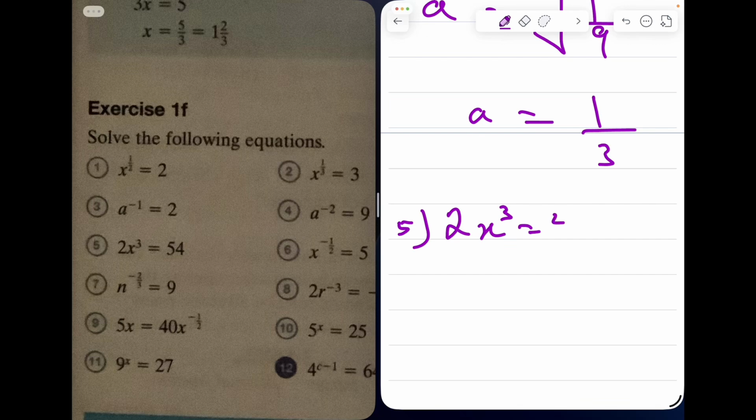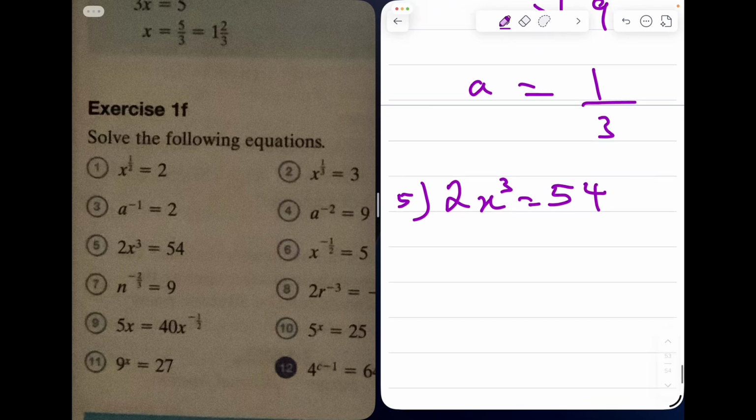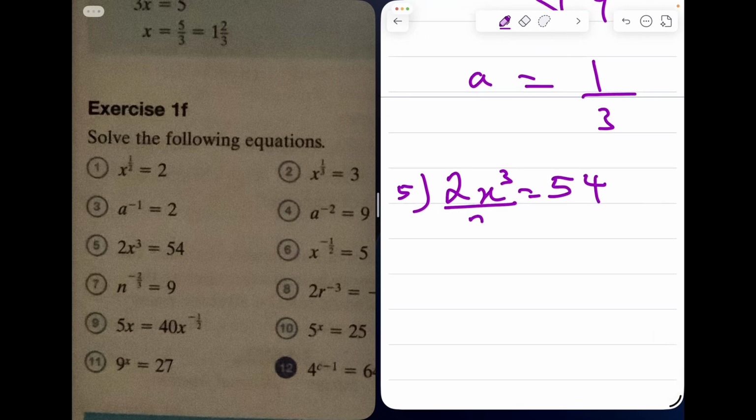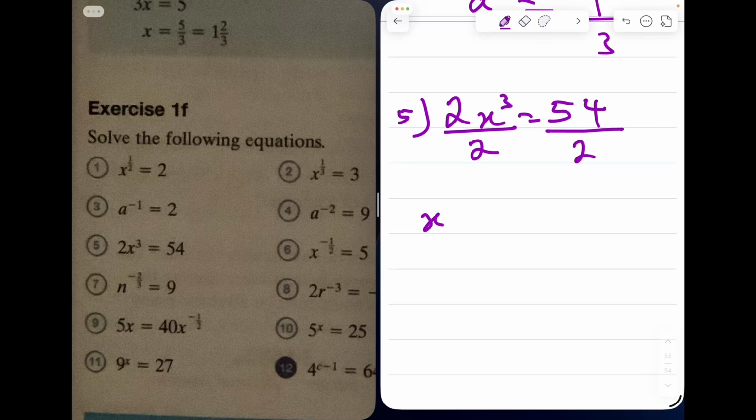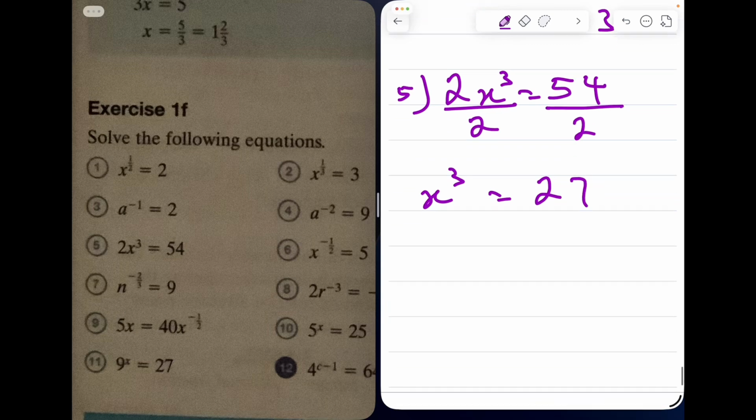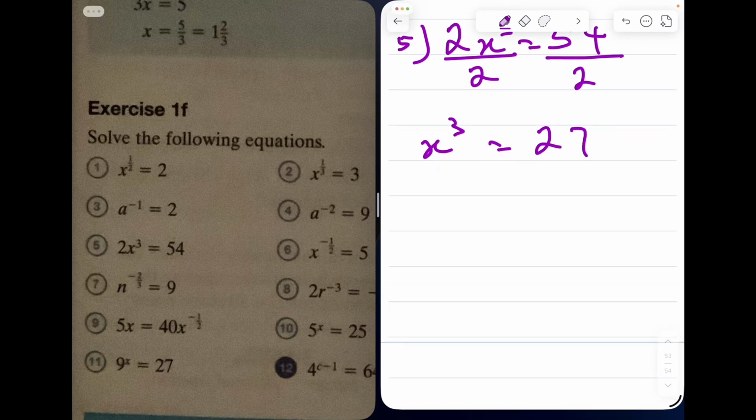Here, first of all, we divide both sides by 2. And that means x raised to power 3 is equal to 27. If I want to get only x, that will mean x raised to power 3 raised to power 1 over 3.